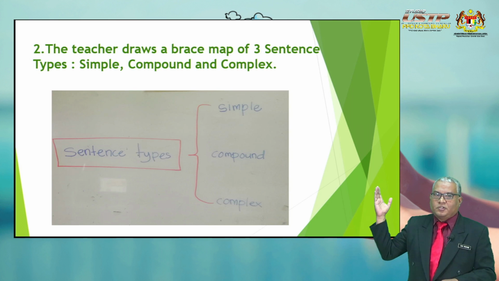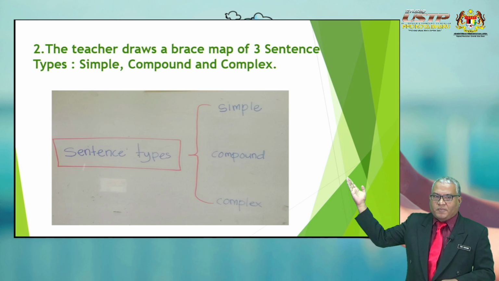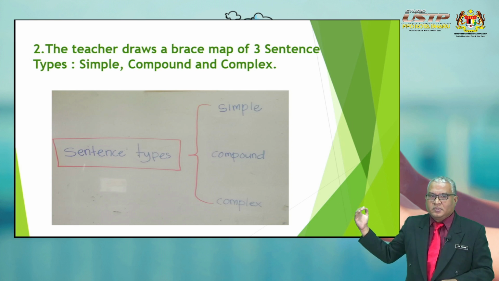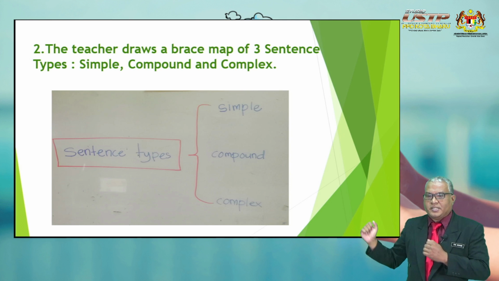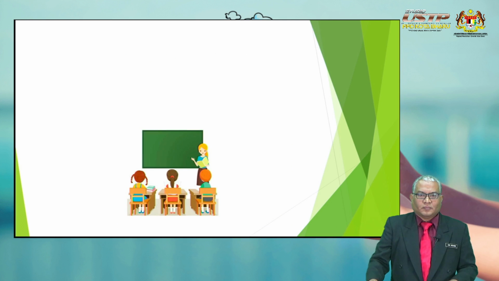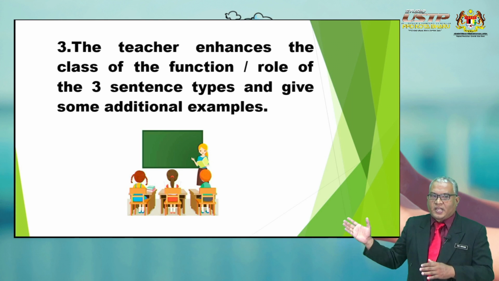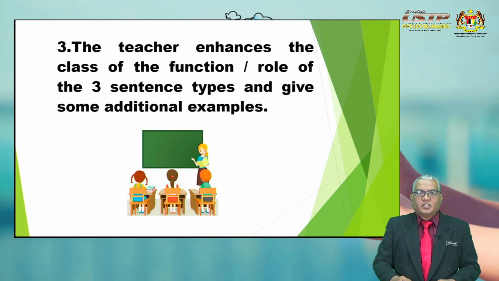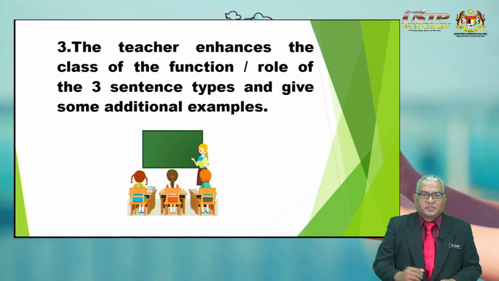The teacher draws a brace map of 3 sentence types: simple, compound, and complex. These are the examples. The teacher explains to the class the function or role of the 3 sentence types and gives some additional examples.